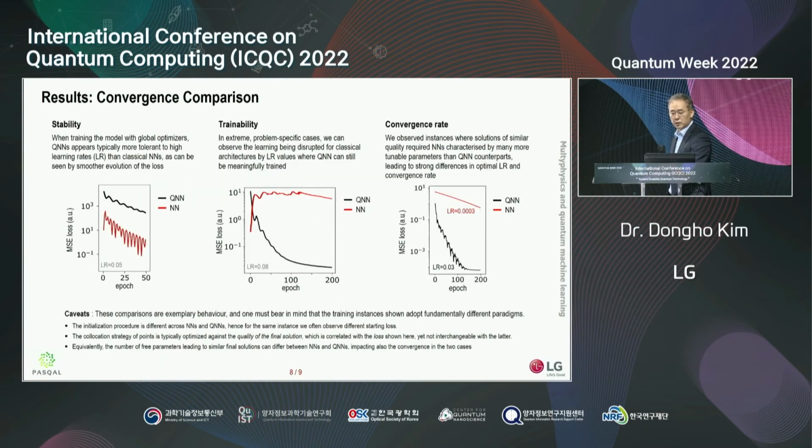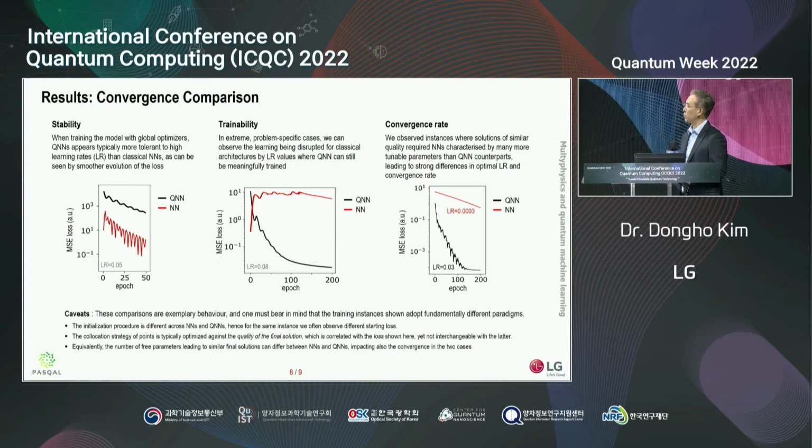The next one is the convergence comparison result. It's very hard to compare the conventional one and the DQ-based one directly. It looks like this is not an apple-to-apple comparison, but we can observe exemplary behavior. We just want to share the observation, but the theoretical analysis cannot be done yet.